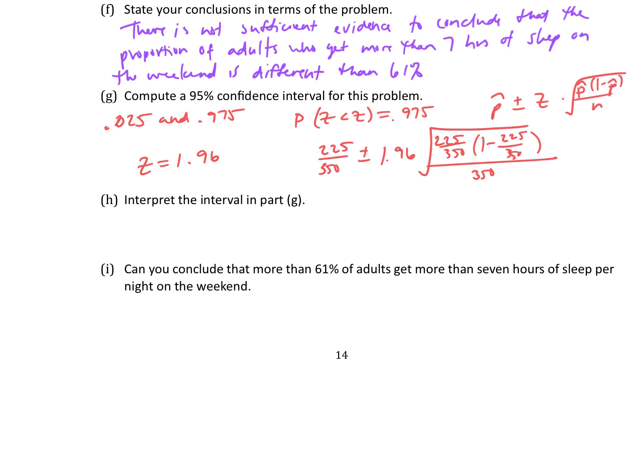So you do subtraction and then change it to addition to get your lower bound and upper bound. And so our interval is 0.5927 and 0.6931.